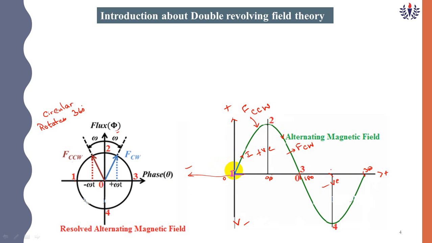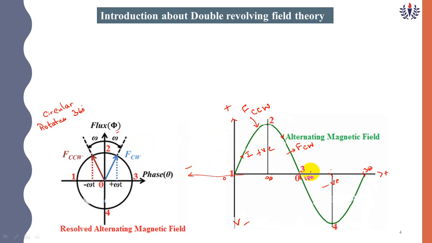Now 1 to 3 comes in the positive quadrant. When your current value moves from 1 to 2, the rotation is forward. Please see this diagram also. Then when the waveform moves downwards from 2 to 3, it is called the forward clockwise direction.